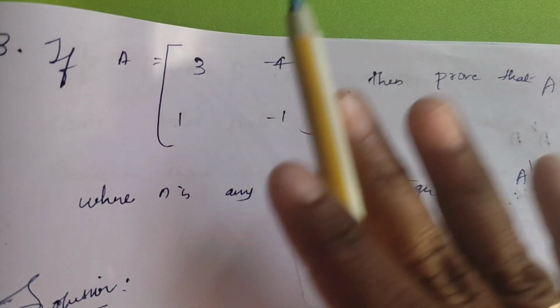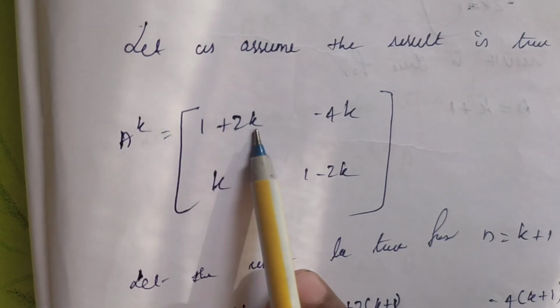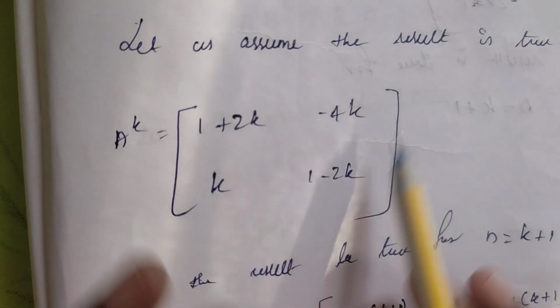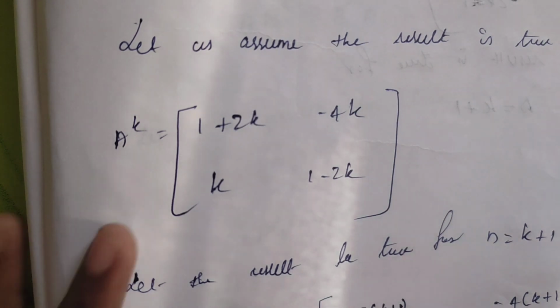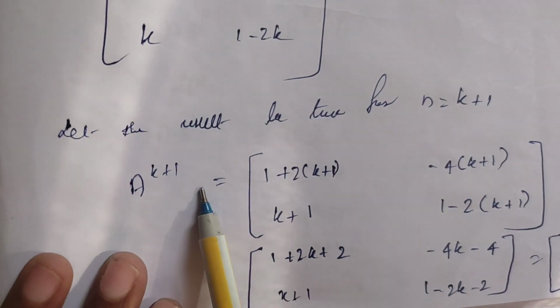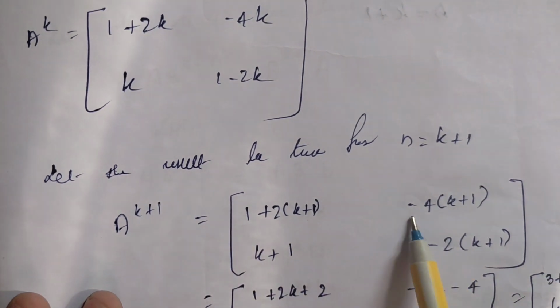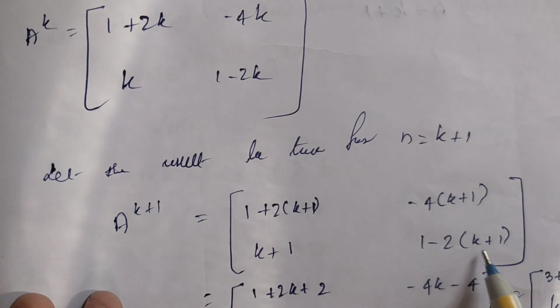Now let me assume this result is true for n is equal to k. A per k is equal to 1 plus 2k, minus 4k, k, 1 minus 2k. Now we are going to prove the result is true for n is equal to k plus 1. So A per k plus 1 is nothing but 1 plus 2 into k plus 1, minus 4 into k plus 1, k plus 1, 1 minus 2 into k plus 1.